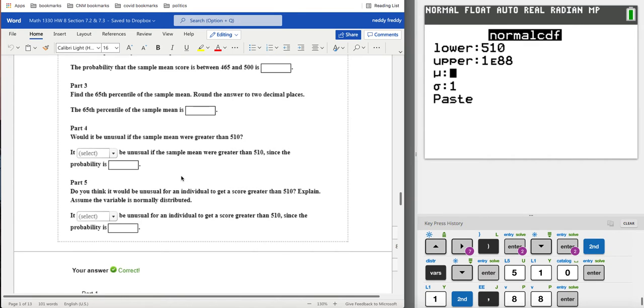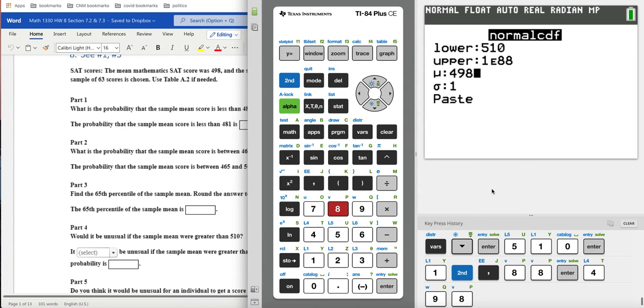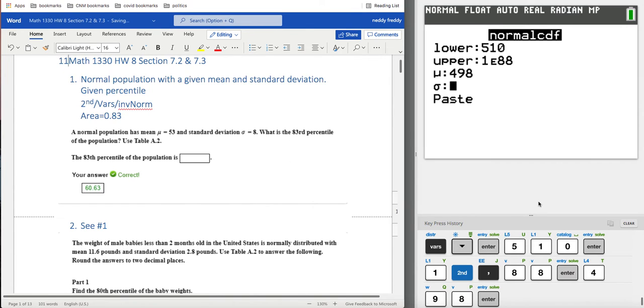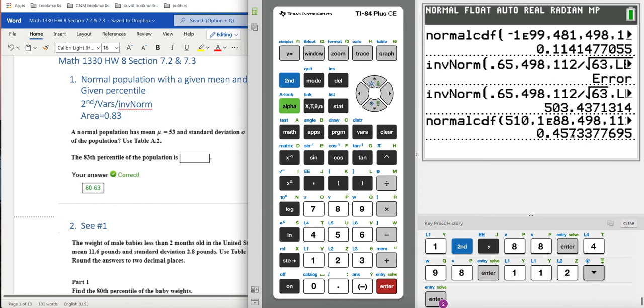The mean is 498. Standard deviation is 112. But we just enter 112. We don't divide by square root of 63. Paste, enter, and it's 0.46 or thereabouts.